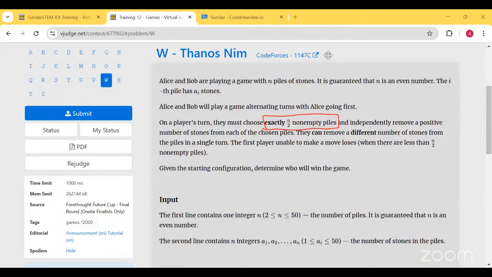Okay. Yes, that's correct. Do you know why that is correct?